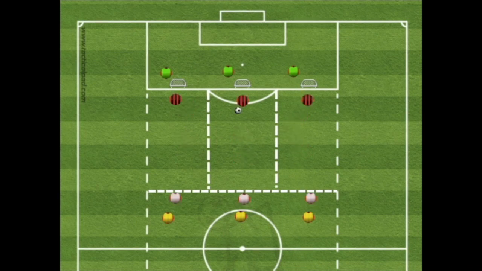A situation that comes up when you do this activity is that somebody is a little bit late in stepping to pressure the player on the ball. It's not mainly that they get beaten, it just might mean they're a little bit slow in getting there, so the ball moves beyond them, which can then leave them a little bit slow in getting back as well.